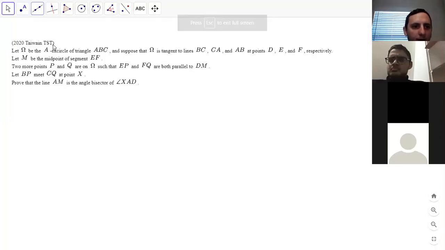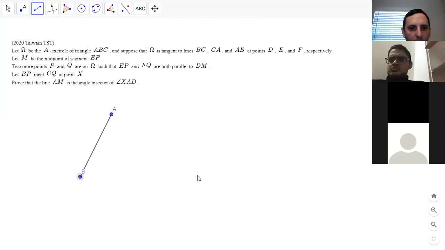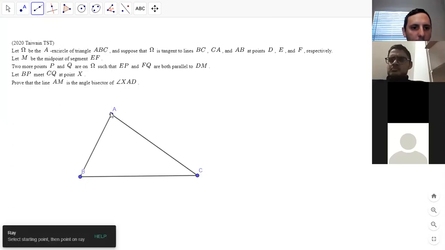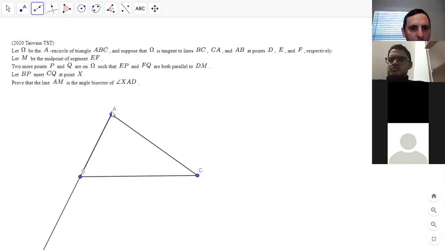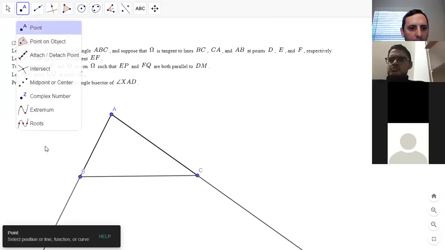So we have the A-excircle of triangle ABC. And so yeah, I don't know the best way to draw excircles, but I'll just pick a way.